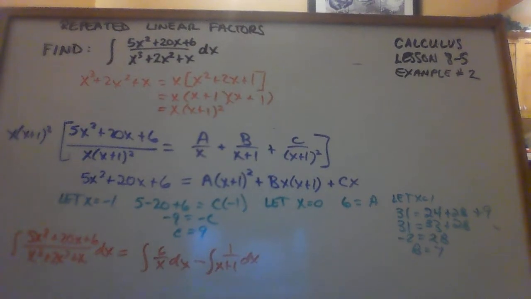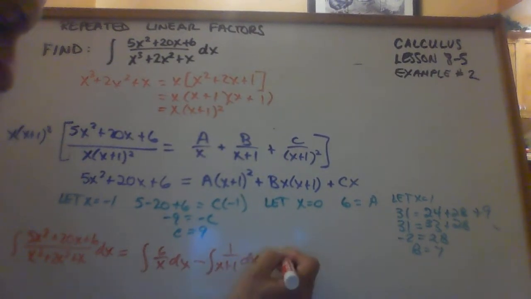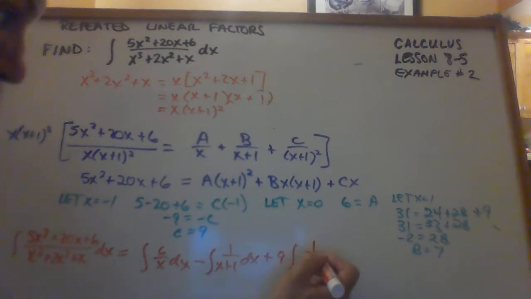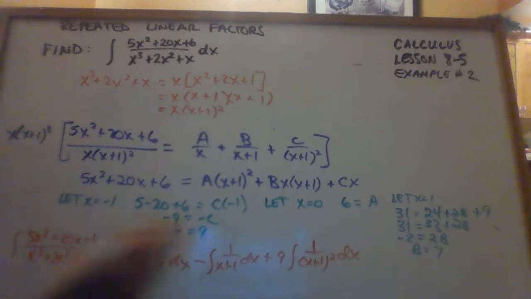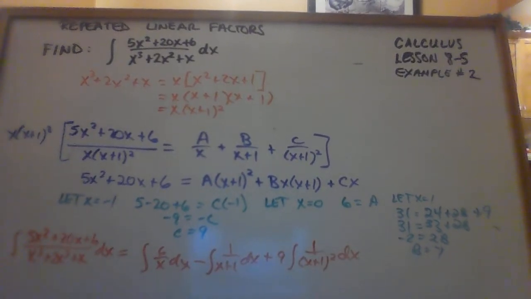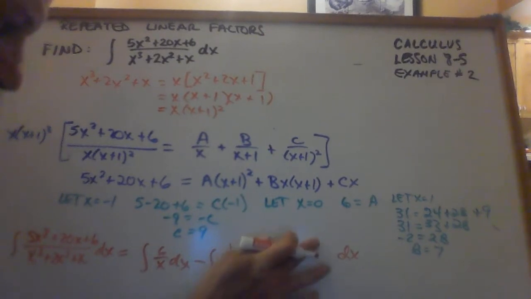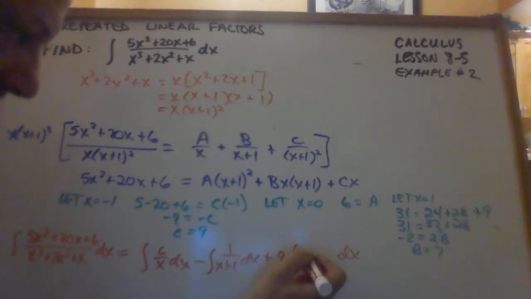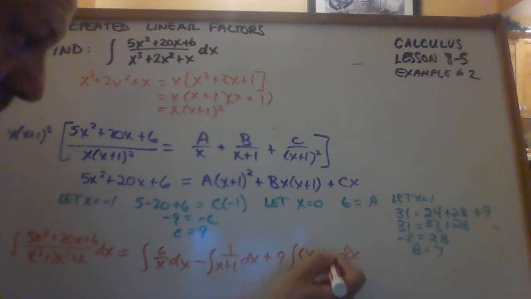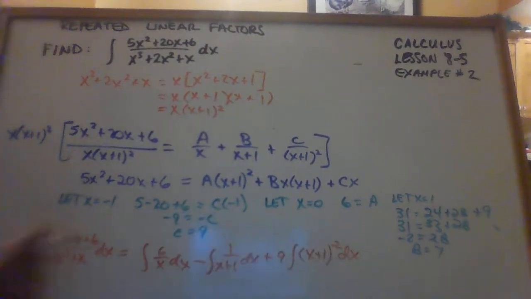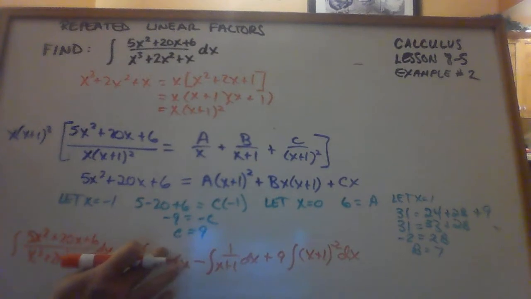And then c was 9, so this is going to be plus 9 times the integral of 1 over x plus 1 squared dx. And I would prefer to write this as x plus 1 to the negative 2. Okay, I can actually take this 6 and pull it out here.